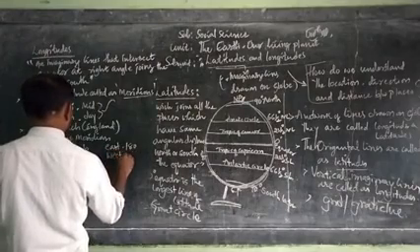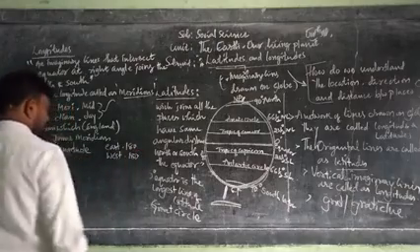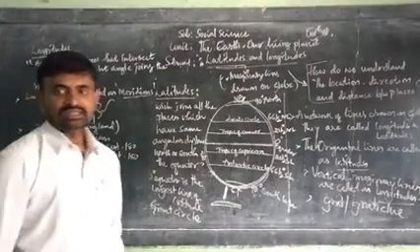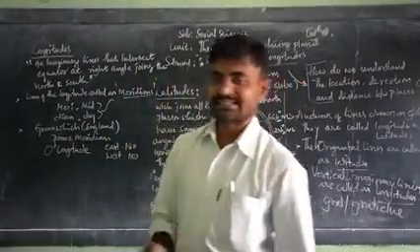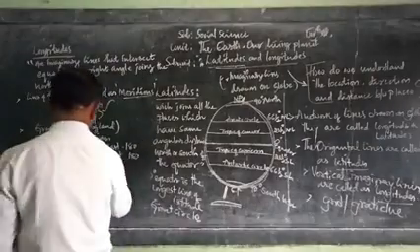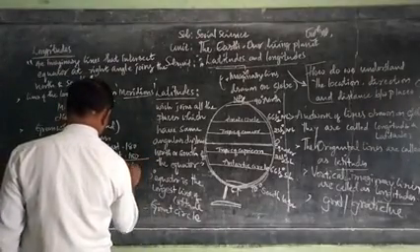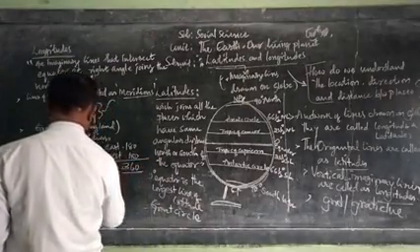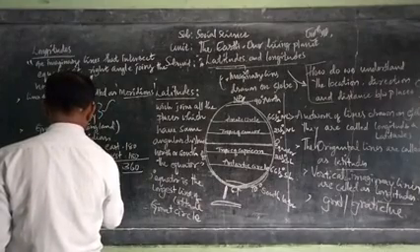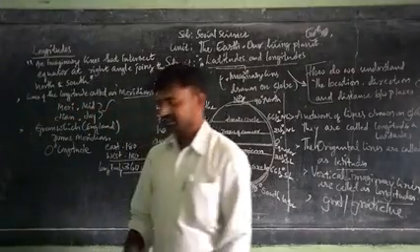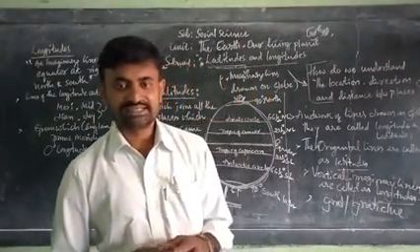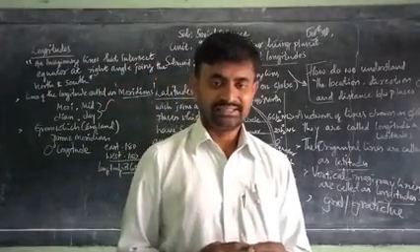West, there are 180 longitudes. Thus there are totally 360 longitudes.